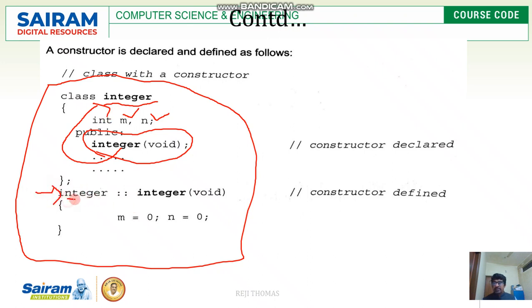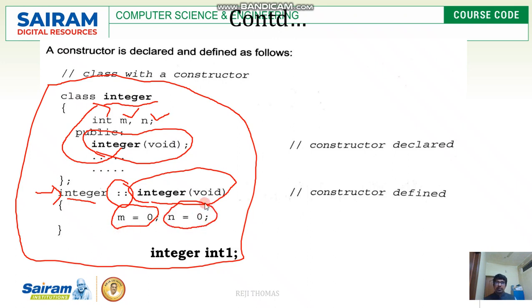So you have to give the class name, the scope resolution operator, and the constructor name. What this constructor does is simply assign values to the data members. What are the data members? M gets a value of 0 and N also gets the same value.